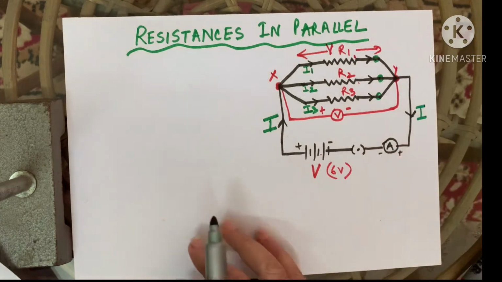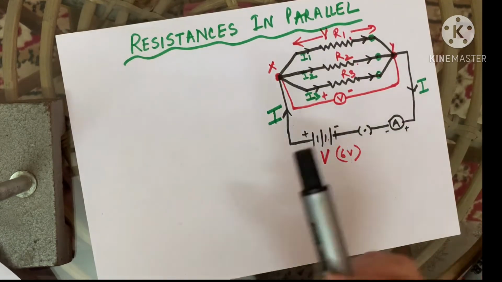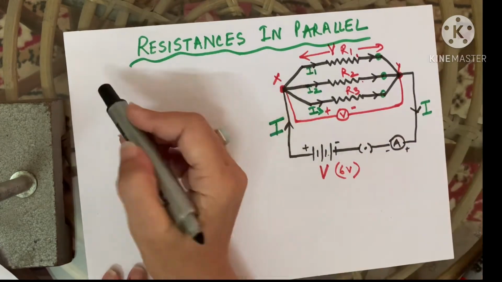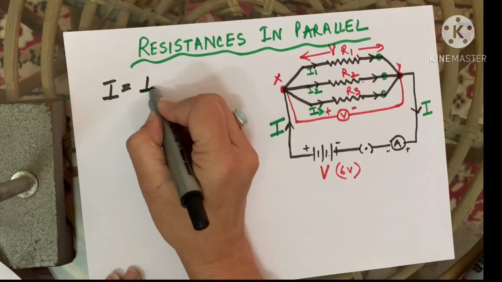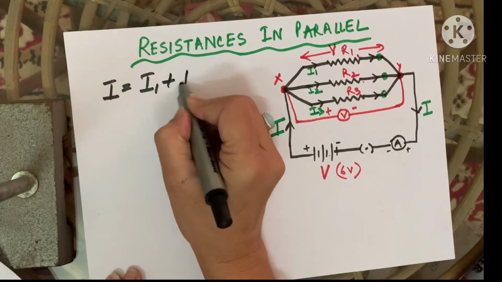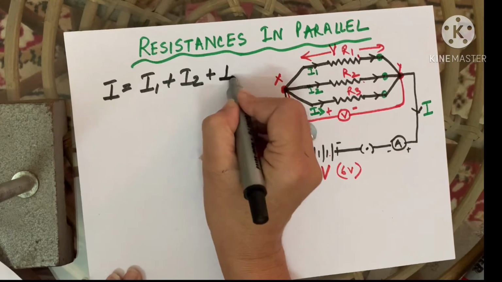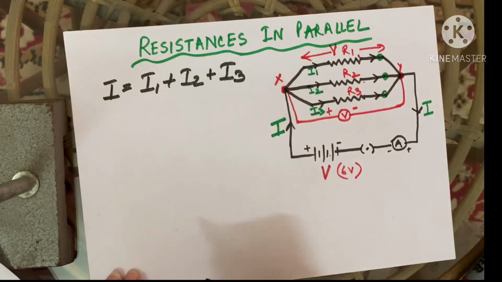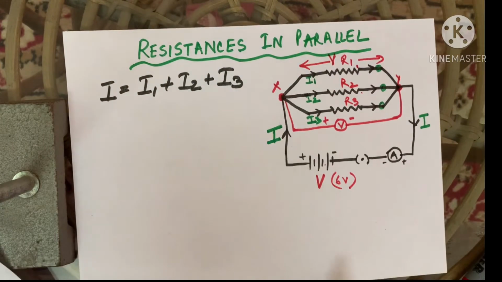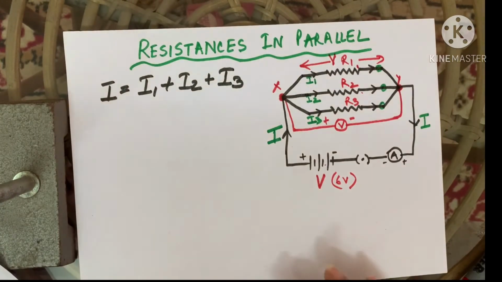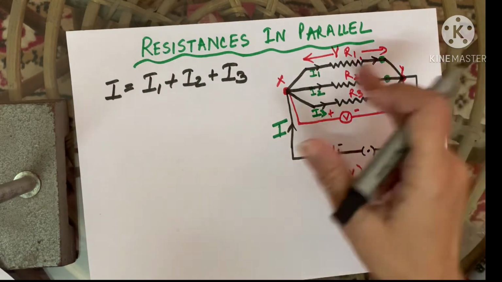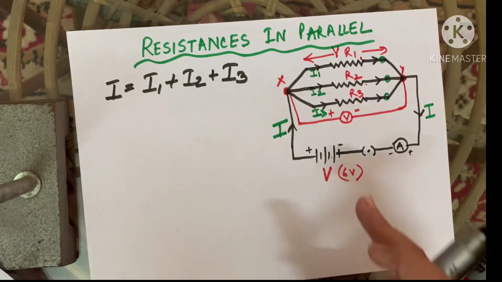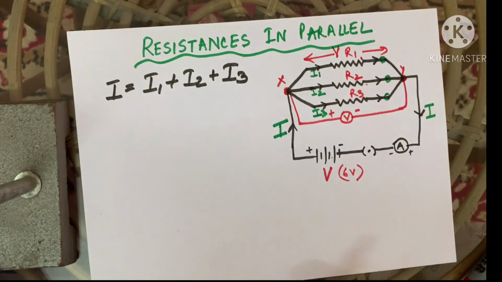So mathematically we can write: I is equal to I1 plus I2 plus I3. But what are we finding actually? We are to find out the resultant resistance or the overall resistance of this parallel connection.